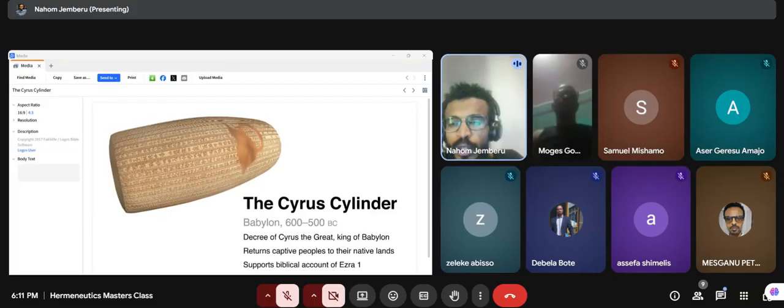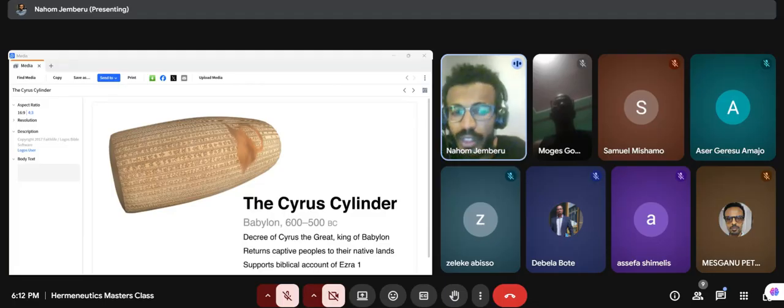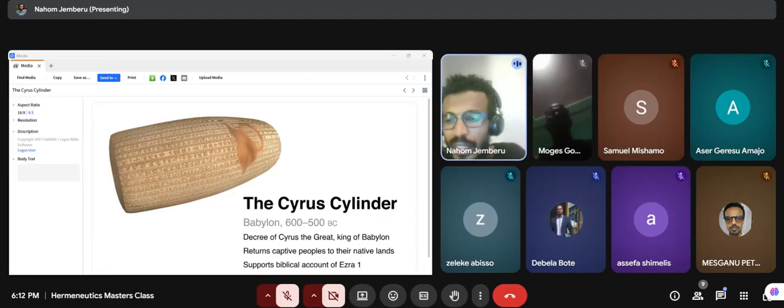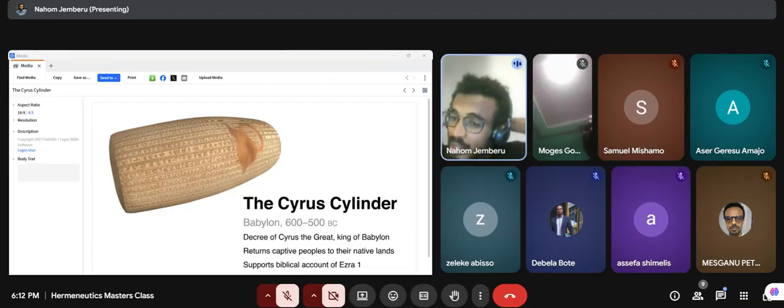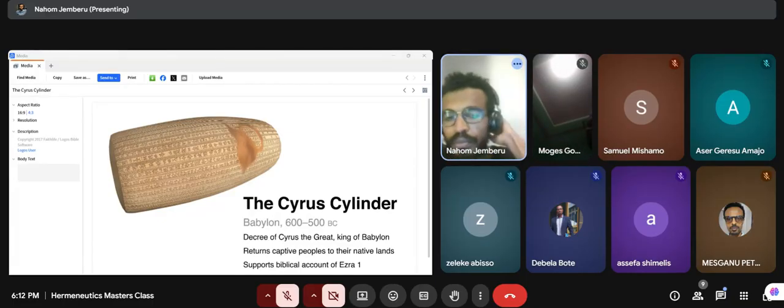So this is an archaeological finding called Cyrus's cylinder that tells us the decree of Cyrus the Great to return captive peoples back to their native lands, and this is in line with what we find in the book of Ezra as well, and in the prophets as well.